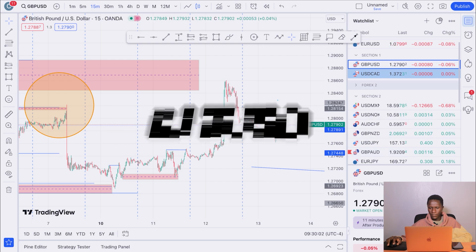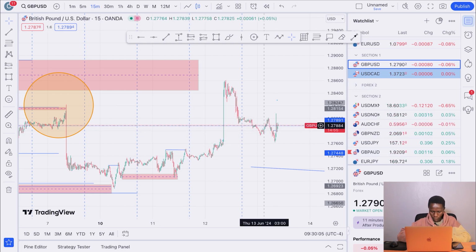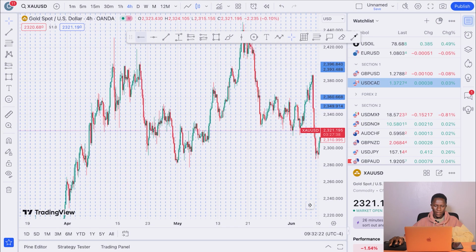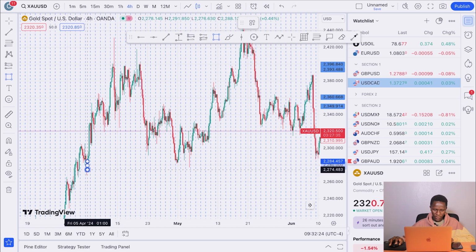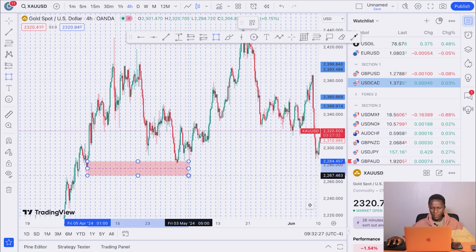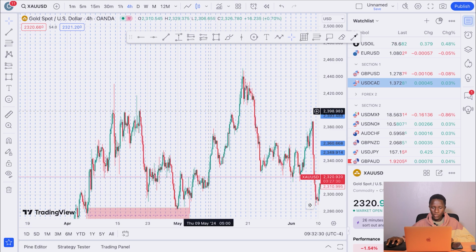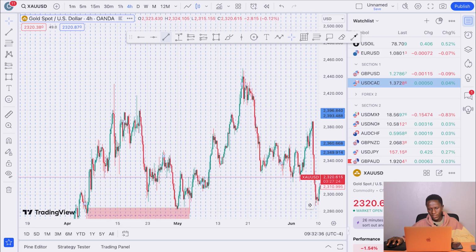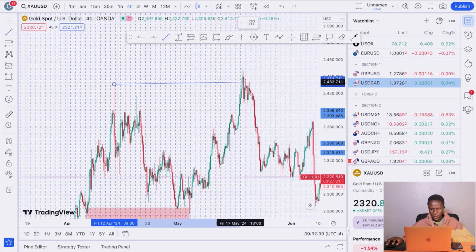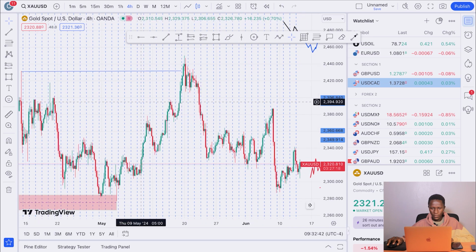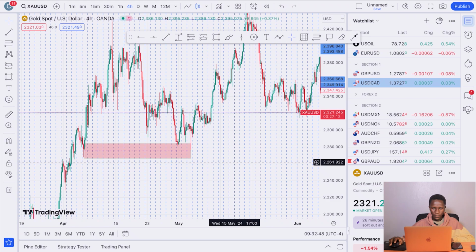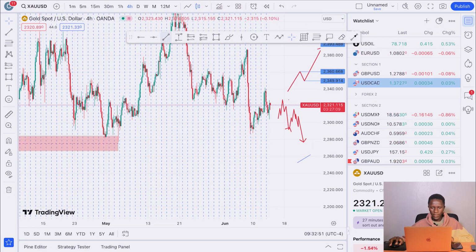Now let's look into the gold. On gold, I'll be quick because the other time, on the GBP, I wanted to show you much deeper so that you can see how to apply it here. So here we can see the market. This was a clear break of structure, and I'm now going to show you where I expect the market to go for some good time.